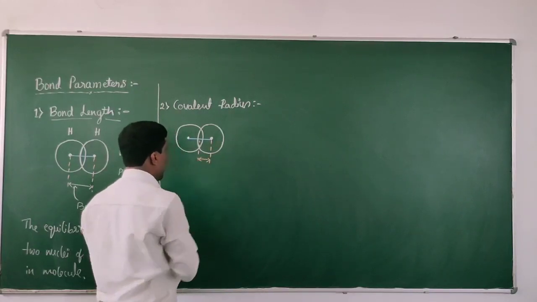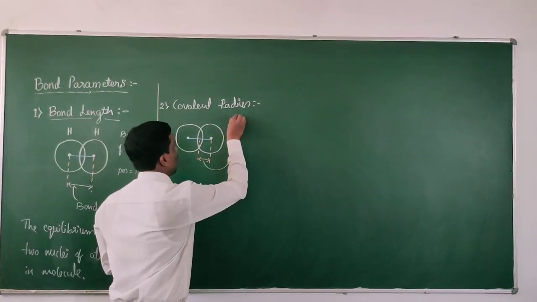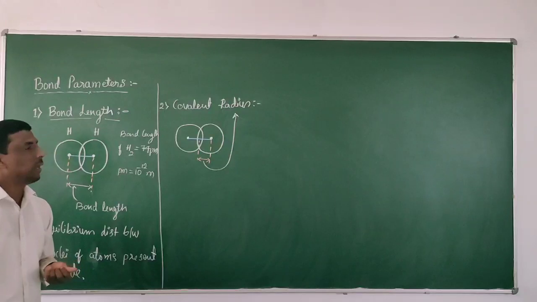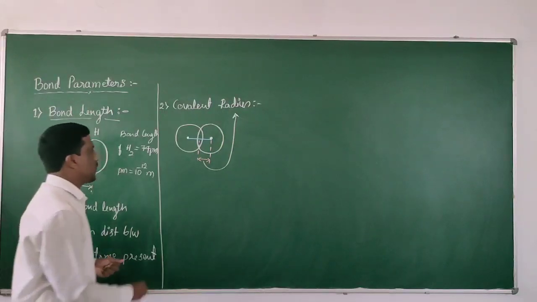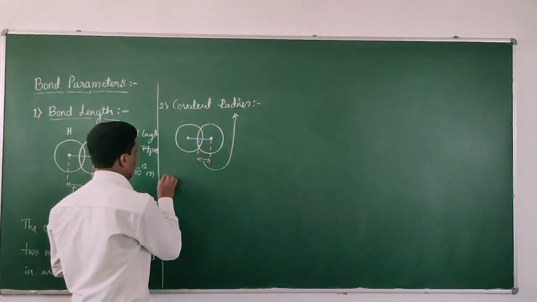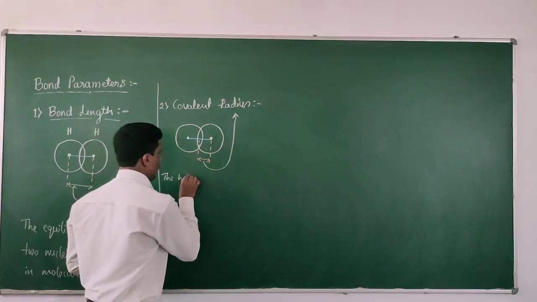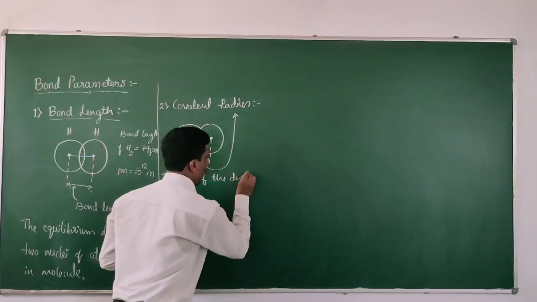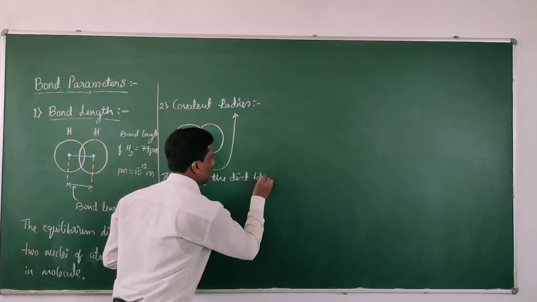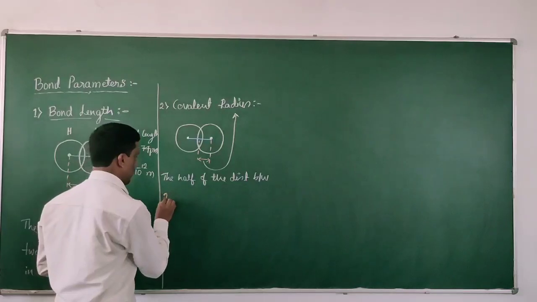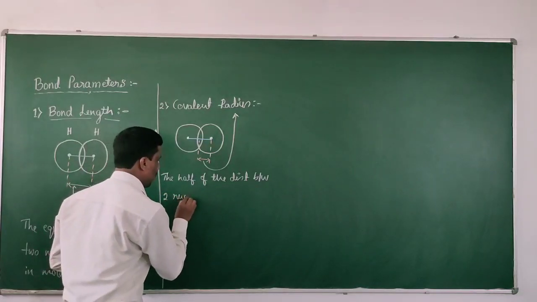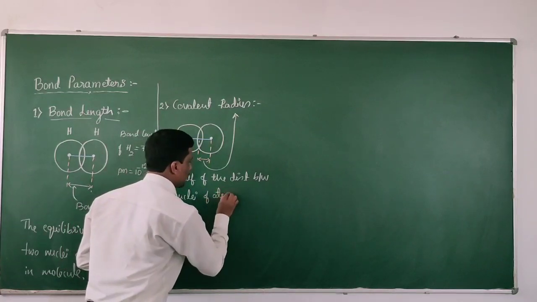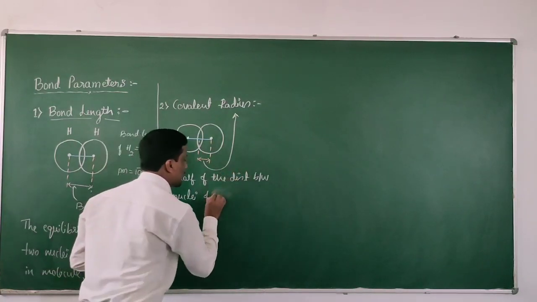This half distance is what? The covalent radius. This is what we call covalent radius. What is its definition? The half of the distance between two nuclei of atoms, two nuclei of similar atoms.